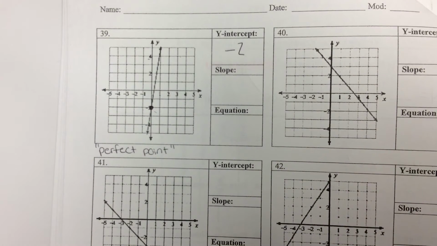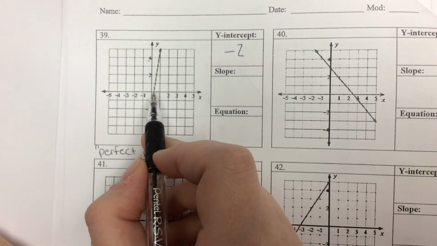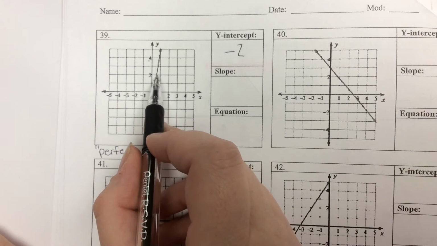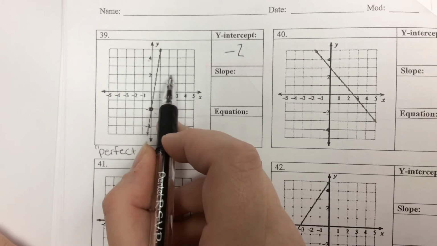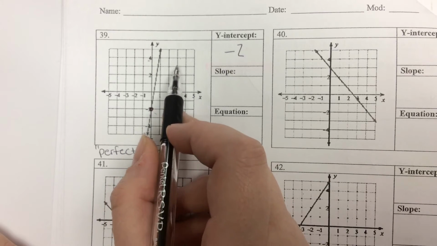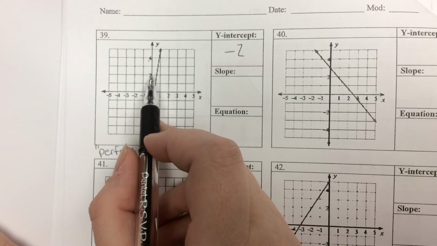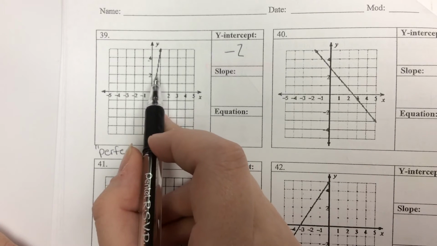So what does a perfect point mean? What I mean by a perfect point is, for example, if I follow this line, like right here, does this go through any exact point on this grid, like here, here, here, or here? No, right here, it's between 0 and 1, so that would be like maybe 1.5. That's not a perfect point.